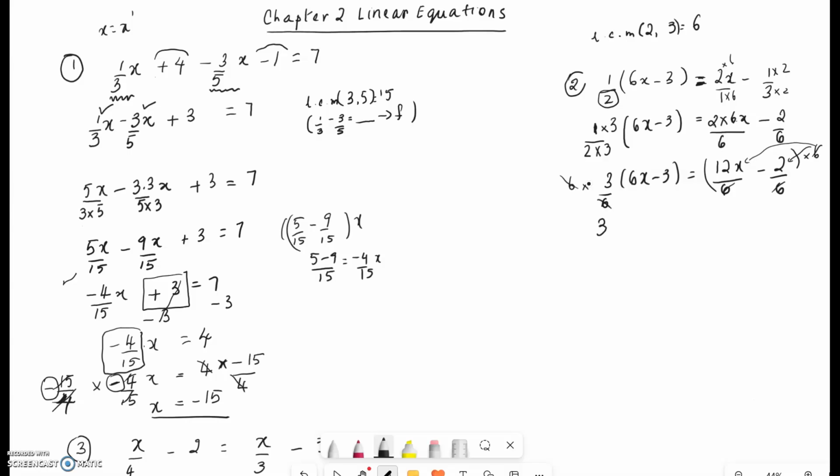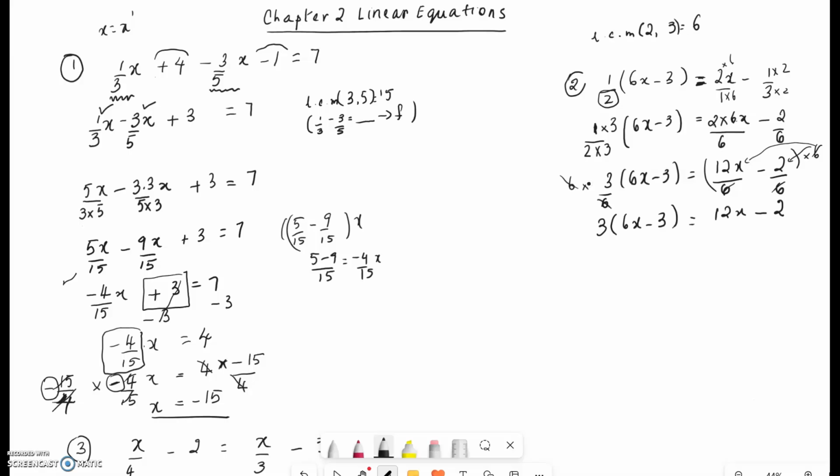So you have 3 times 6x minus 3 equals 12x minus 2. You can cancel all the 6's as long as every single term on the left and on the right has a common number. You don't even have to show anything.